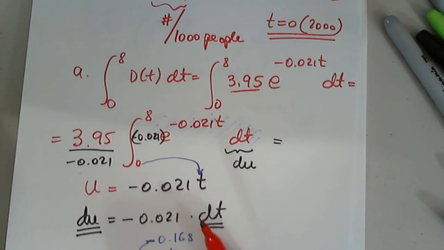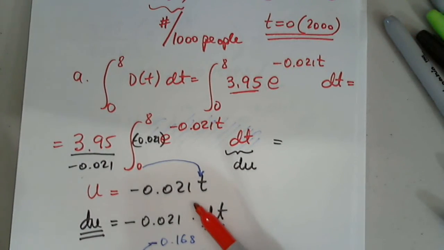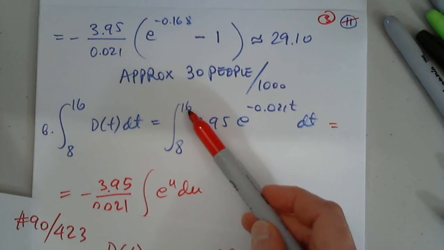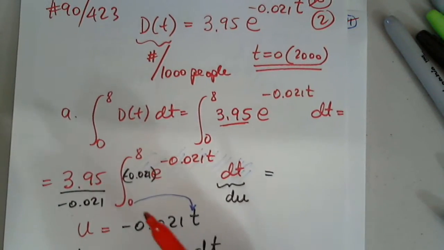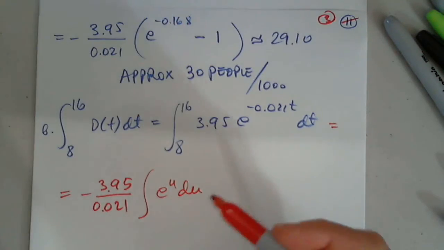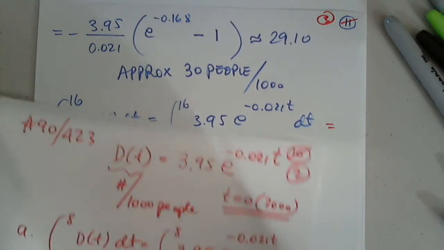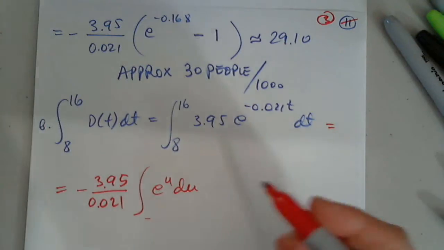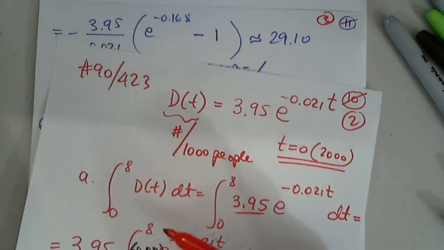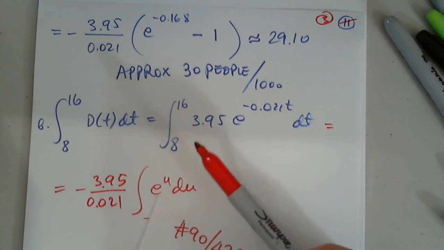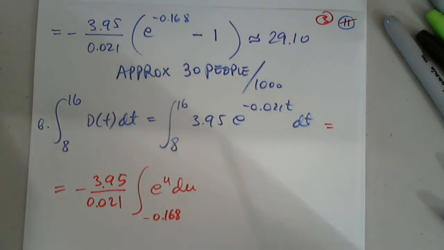So everything stays the same, but now the limits of integration will be different, because now I have 8 for t, so u goes from negative, so this was the same thing with the top, 168, and now 16, I just need to multiply this by 2.